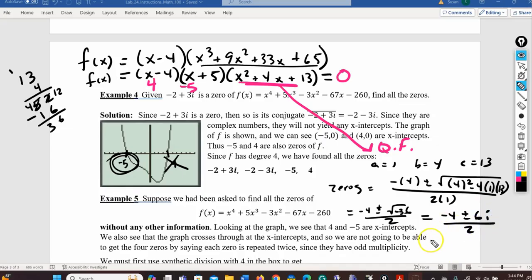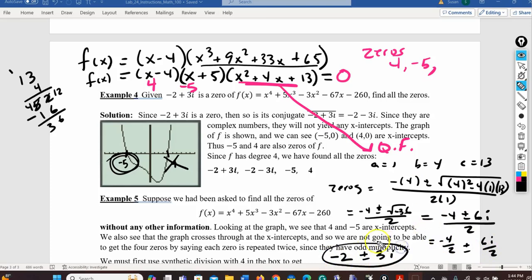And now I can divide this up, negative 4 halves plus or minus 6i over 2, and that will simplify. My zeros are going to be 4, negative 5. Then down here, that's going to be negative 2 plus or minus 3i.